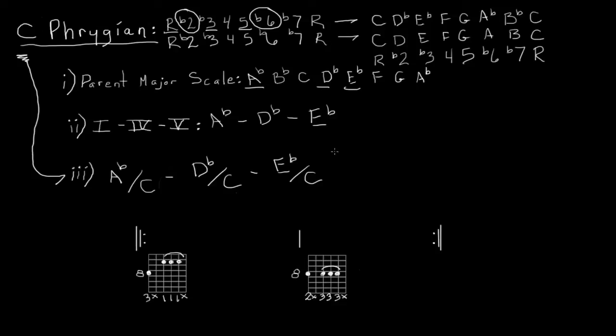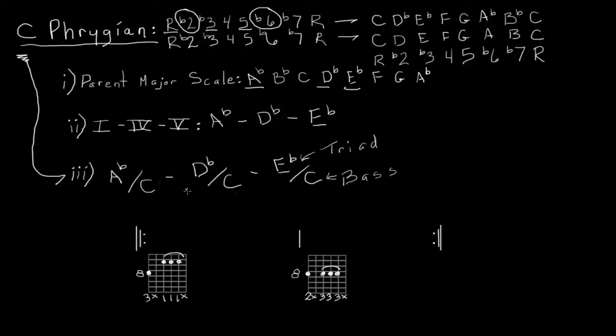When you're working with slash chords, remember that the letter on the top left is always your chord, or in this case, it's the triad, which is going to be E flat major. The note on the bottom right is the bass note. If you think of it in terms of how you'd play it on a keyboard, the right hand would play an E flat major triad, and the left hand would be playing C in the bass.